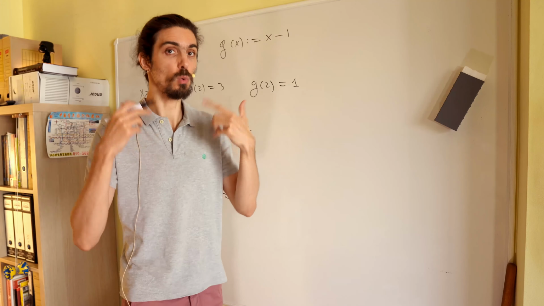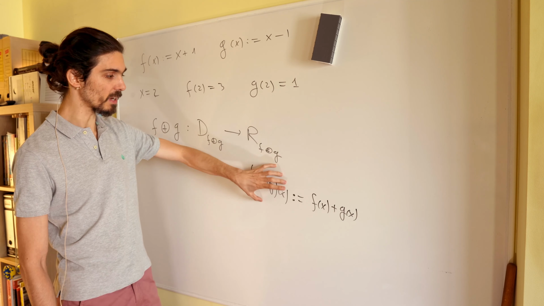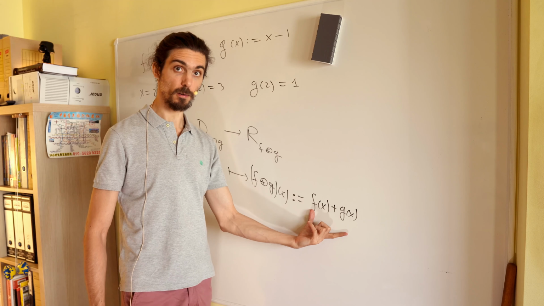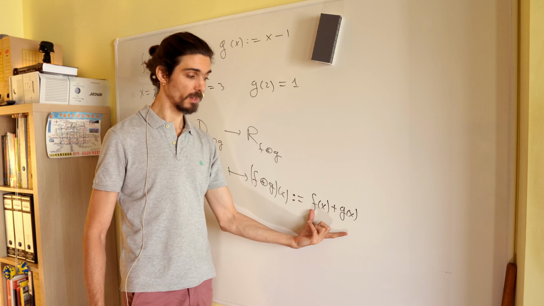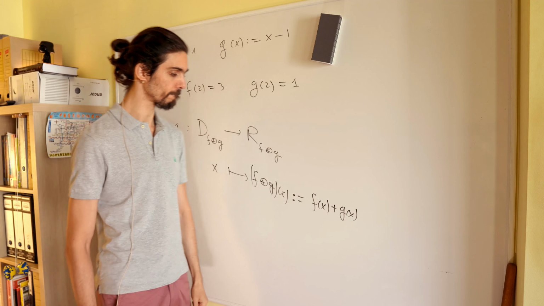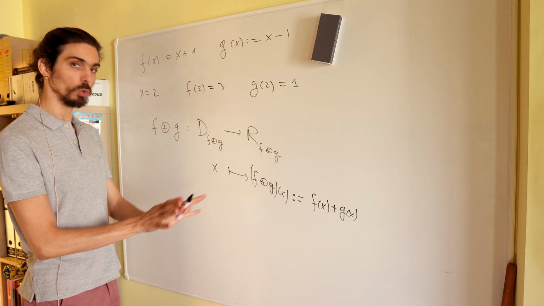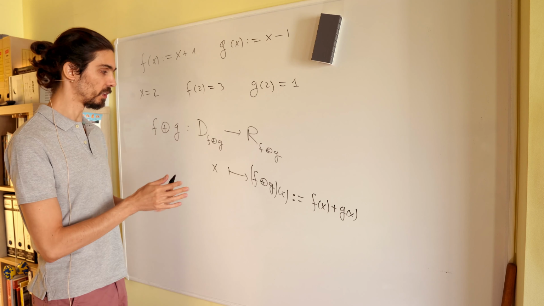So again, just like x is the name of the variable that lives in the domain, this is the name of the variable that lives in the range. And that number in particular is an abbreviation for this thing here, which is also the symbol for a number that also lives in the range. This is just a more compact version of this thing. Okay? So this is for summation. Soon we'll see multiplication and division.